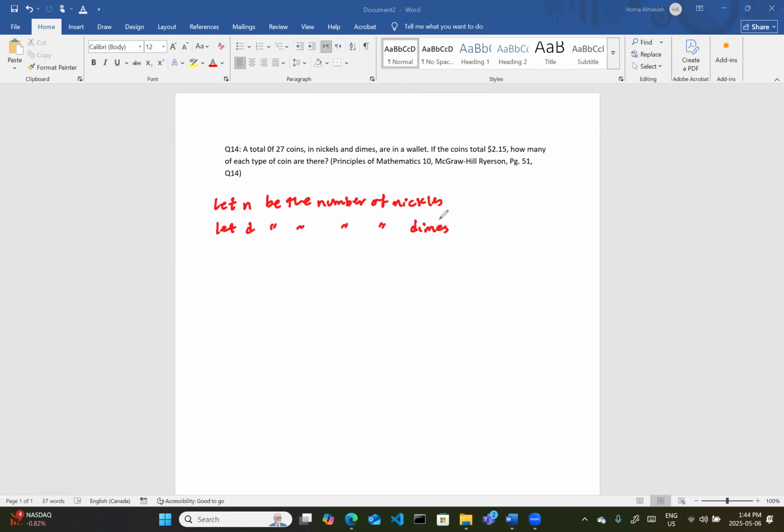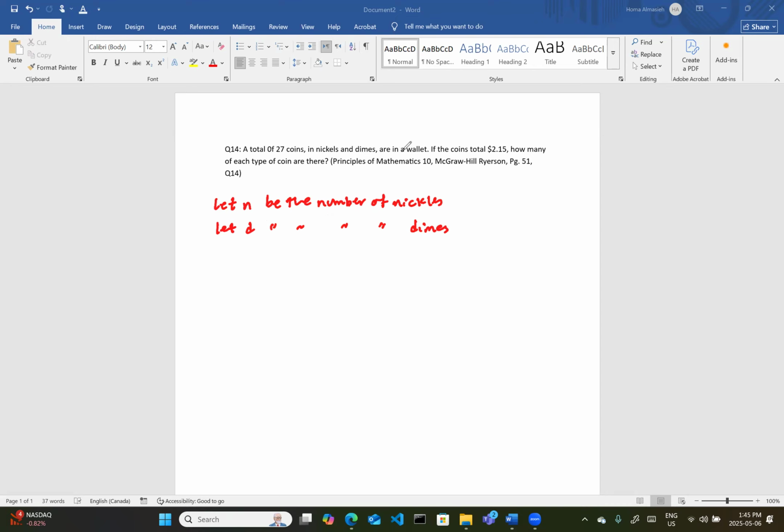You see two variables here, n and d. So we are looking for two equations that can solve these variables in a linear system.